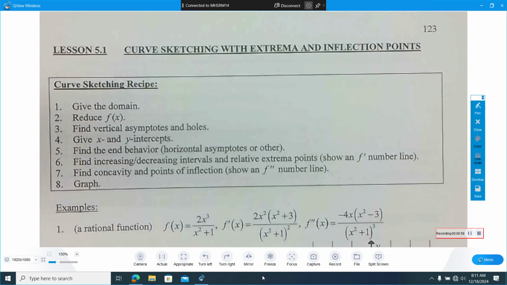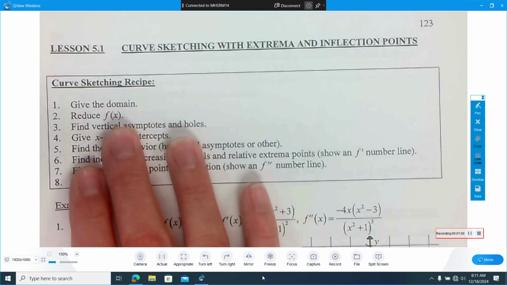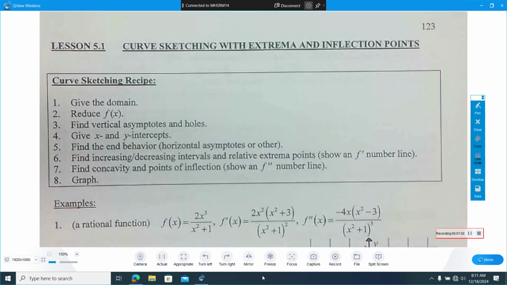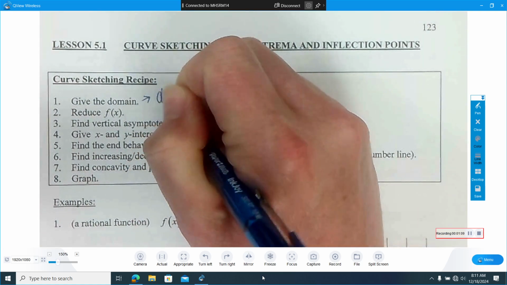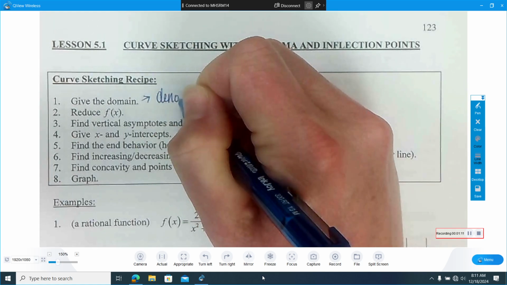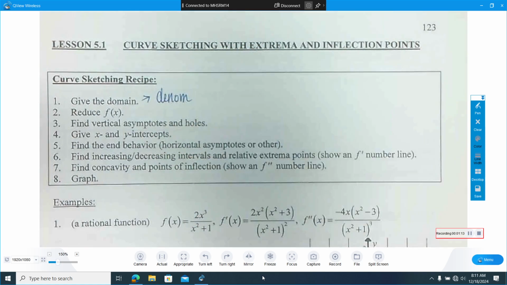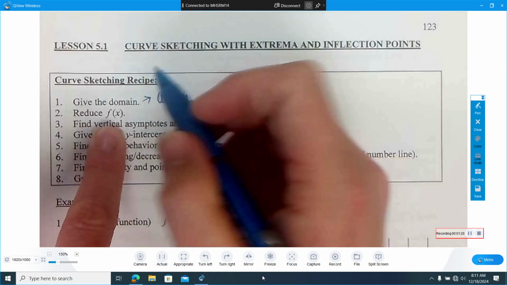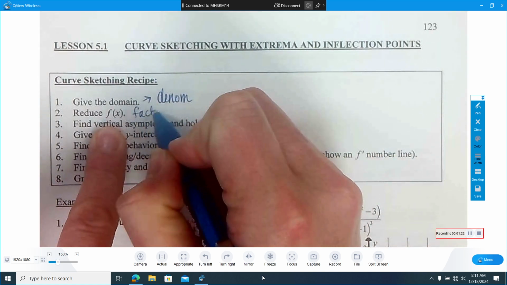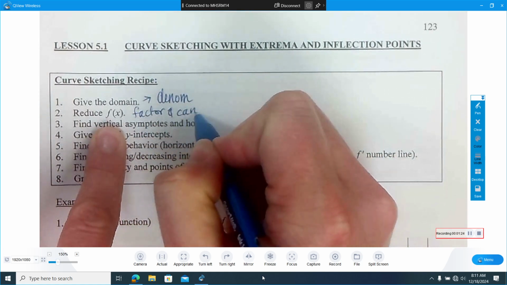And so, curve sketching recipe, pay attention to domain. So pretty important you remember that domain comes from the denominator. This is going to give us things like, if we can reduce the function, can we factor and cancel anything?